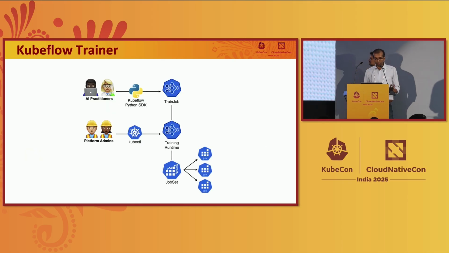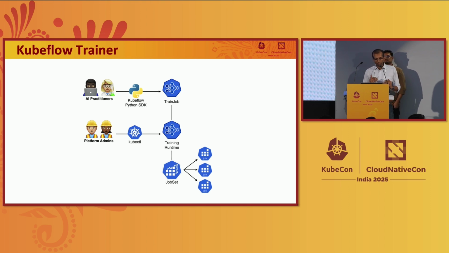So in this talk, we'll primarily look at the trainer part, which is the distributed training component. We have two personas as we discussed. The AI practitioner primarily looks at the Python SDK, where he is comfortable with writing high-level Python data science code, which gets translated to a TrainJob, which is the CRD, part of the trainer.